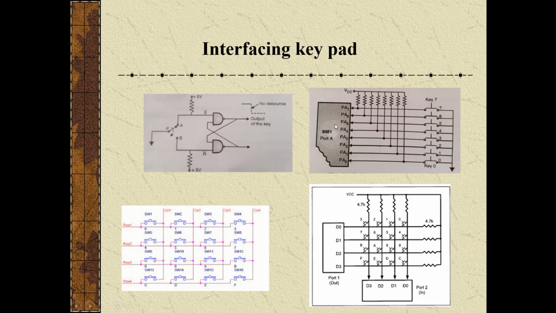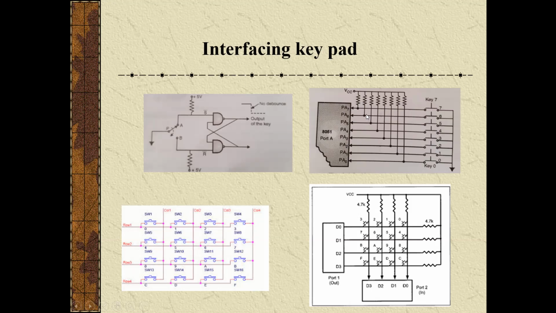This is the key configuration. Here a number of keys are used for a particular line, and when a key is pressed, the signal will flow. How do we know whether the key is in a pressed condition or in an open condition?